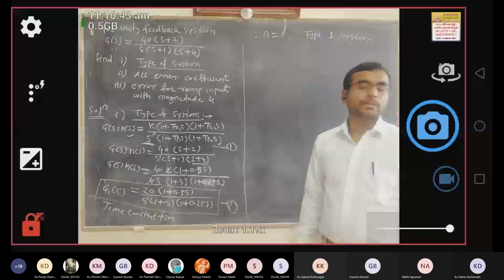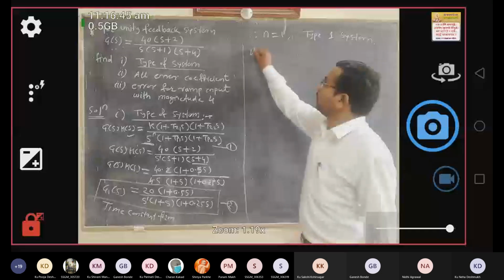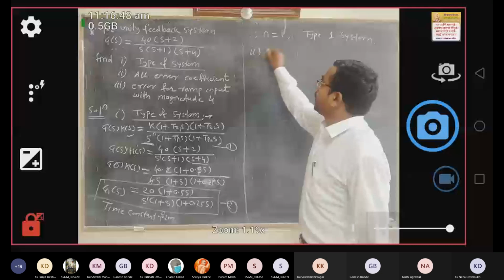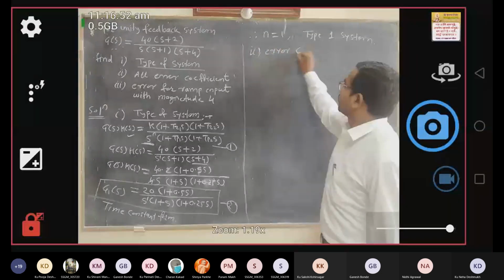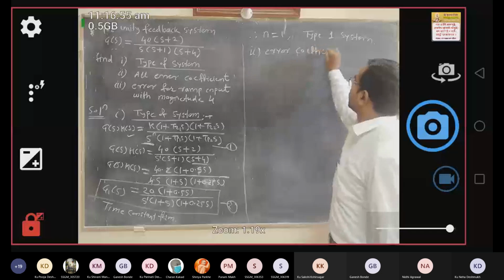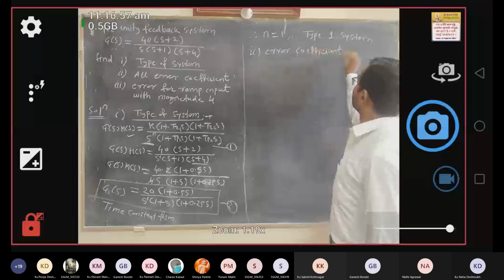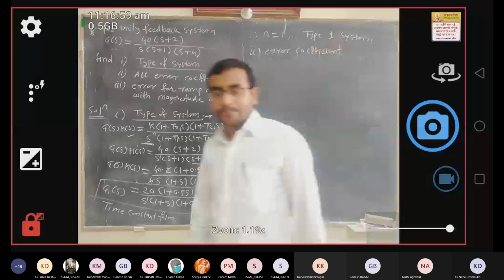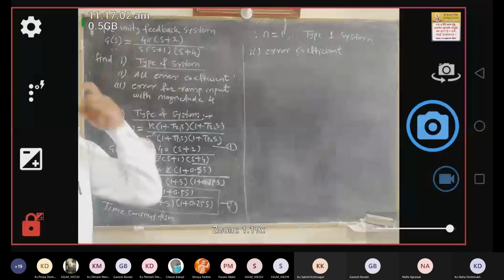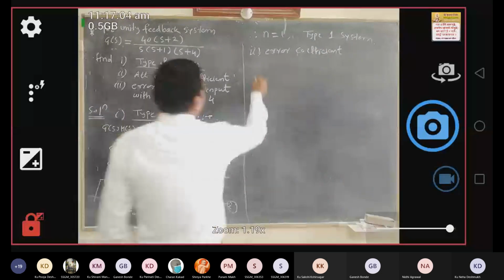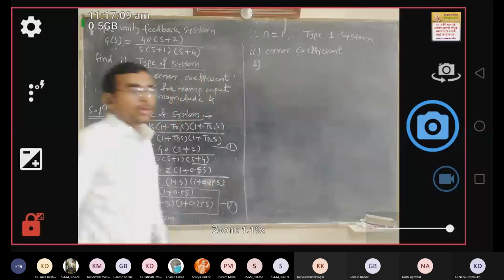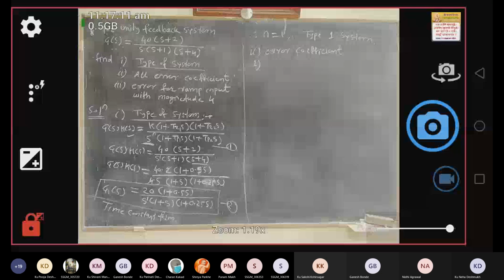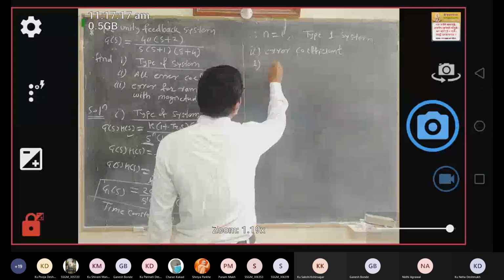Then, second, you have to find the error coefficients. First, find the static error constant for unit step input.